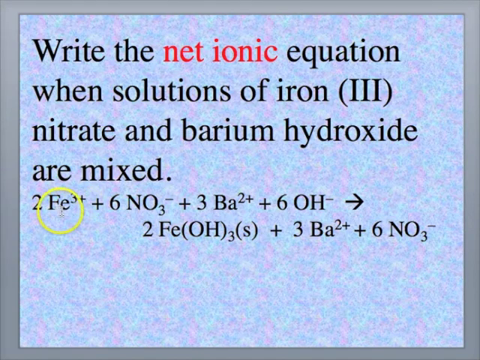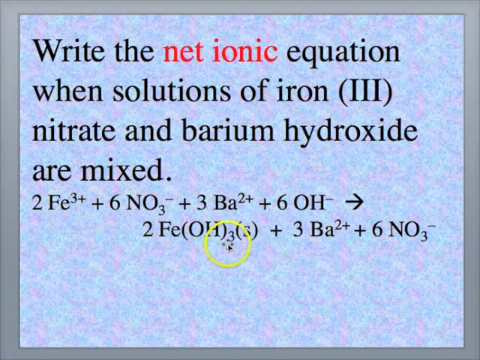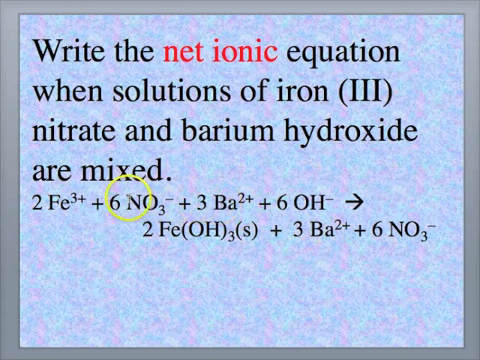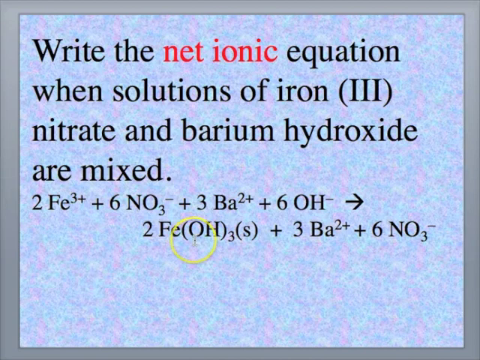So what ions are not participating? That they exist in the reagent side and they exist in the product side. It looks like barium ion exists in both places. It looks like nitrate exists in both places. The iron and the hydroxide do react, so we would not cancel those out.